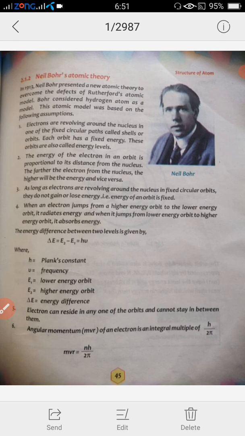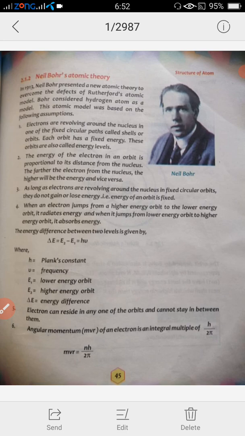And the third one is that if electrons radiate energy continuously, then a continuous spectrum will be obtained. But when the experiments are done, in actual cases the continuous spectrum is not obtained, but a line spectrum is obtained.